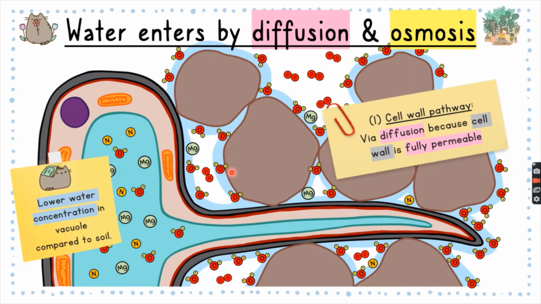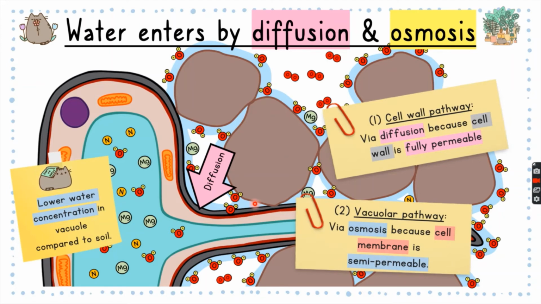Water will enter the cell wall via diffusion. This is because the cell wall is fully permeable. And then the second pathway: the first one is diffusion, only until the cell wall, but after that they enter the vacuole through the vacuolar pathway via osmosis.